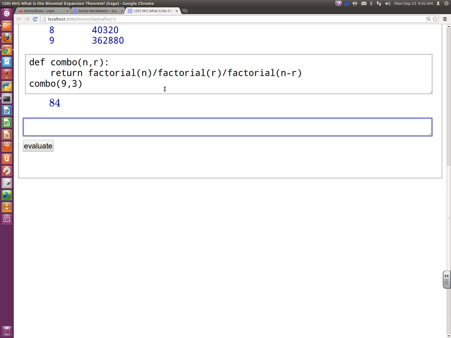9C3. Well, I did 9C. Yeah, I did 9C. Spelled something weird. Factorial, factorial, factorial. Why is it stuck like that? It's weird. That looks right. Something like this, return.